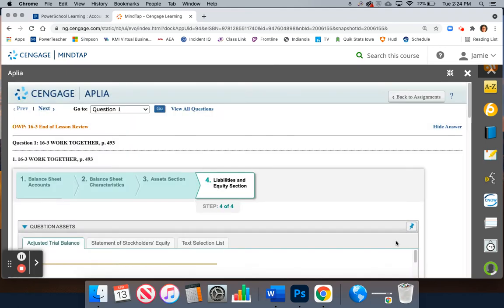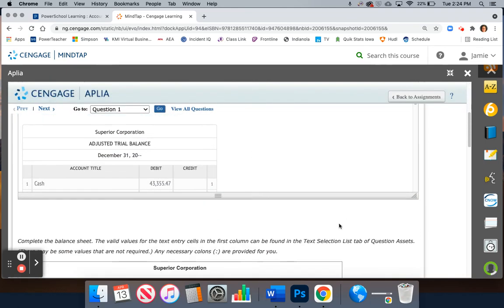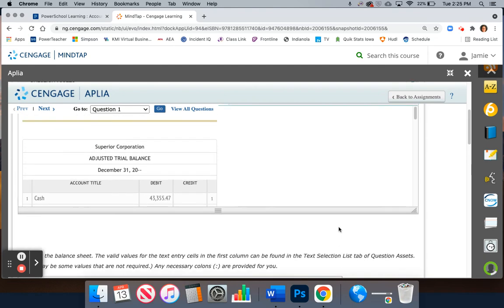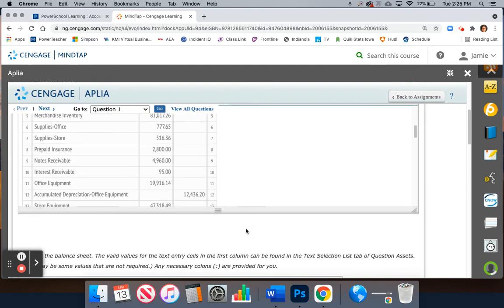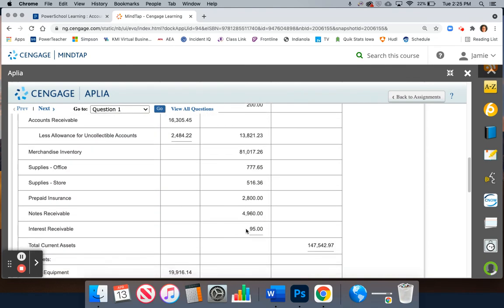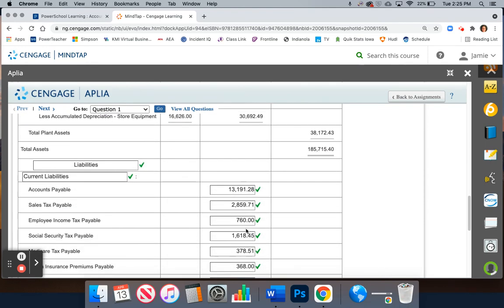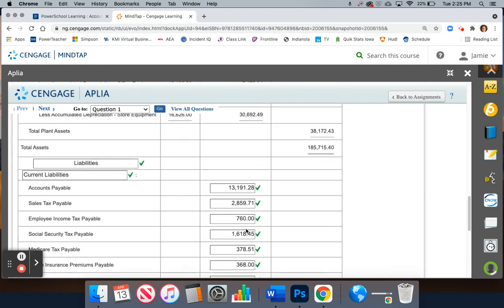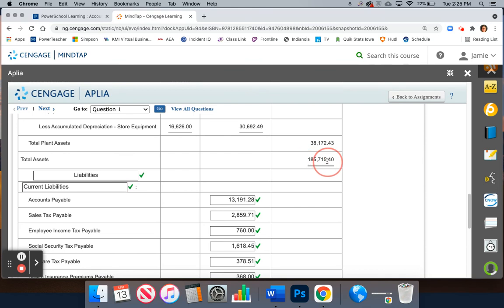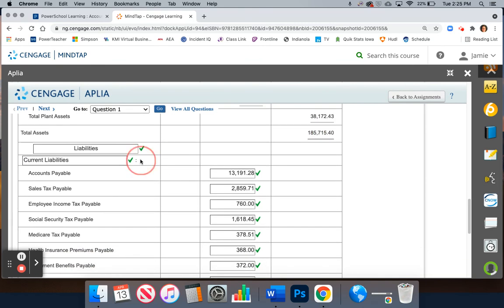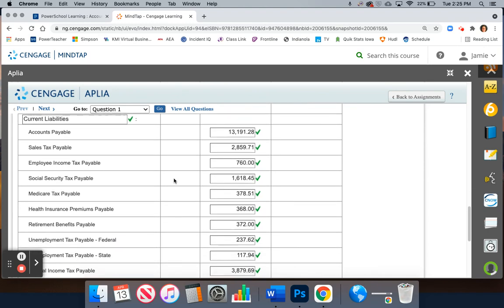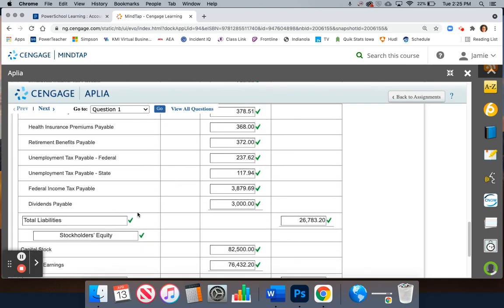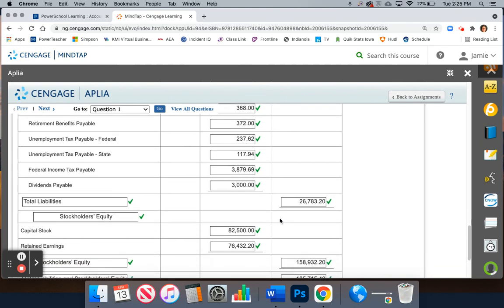Our next section is the liabilities and equity section. So again, we're using the account balances from our adjusted trial balance. And we are hoping that our liabilities plus stockholders' equity equals our total assets amount. So we have our heading, liabilities, broken down by current liabilities. So everything with a payable gives us a total liabilities amount.